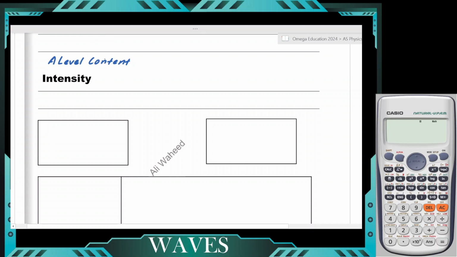So let us define the intensity of a wave. Intensity, first of all, is a physical quantity for a wave which is represented by the symbol capital I. We define intensity as the energy delivered per unit area per unit time.